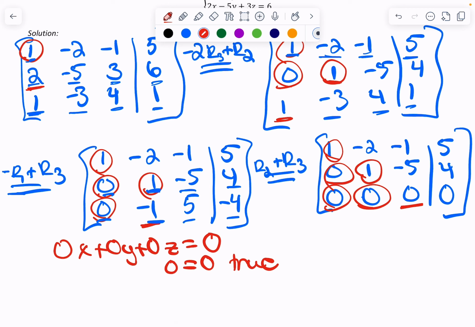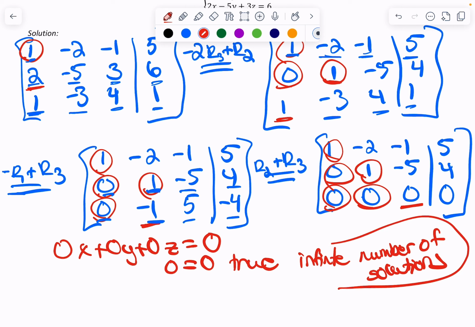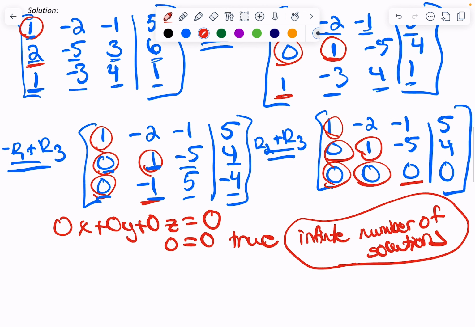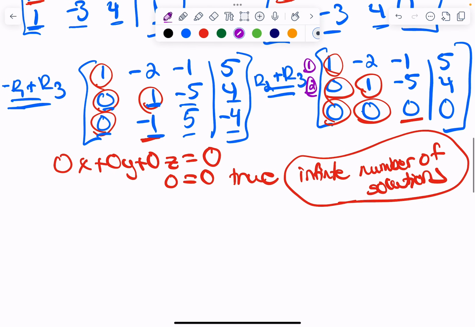So we have infinite number of solutions here. Now, when we have infinite number of solutions, what we can actually do is we're going to go ahead and take the first row and the second row here and leave the third row because it gives us zeros, and rewrite these two.